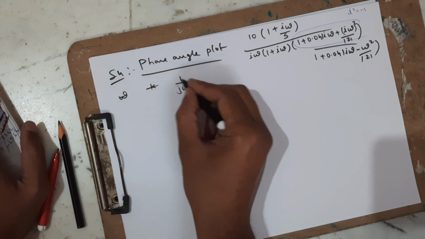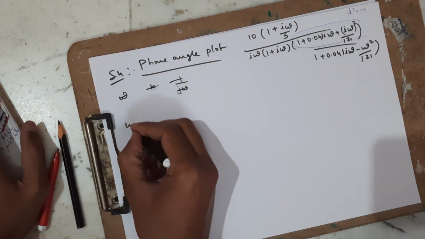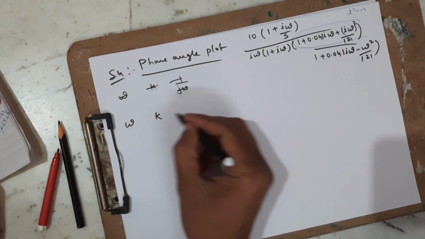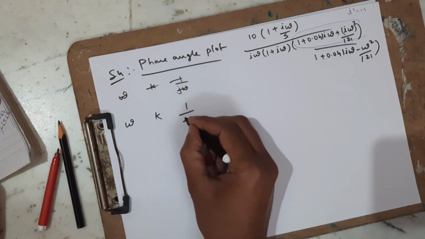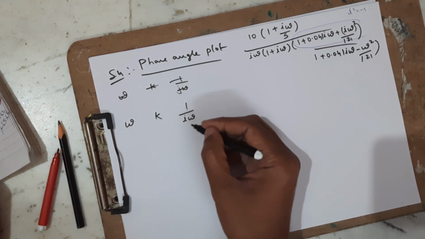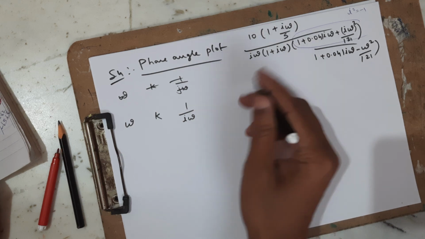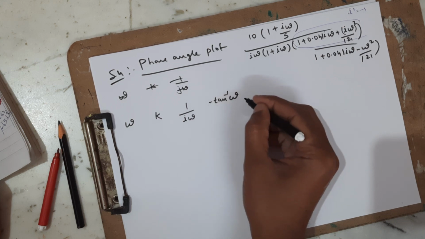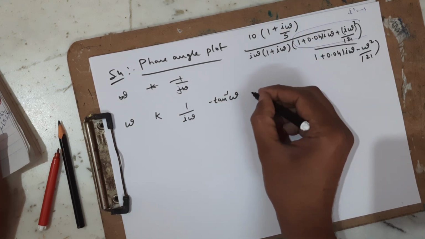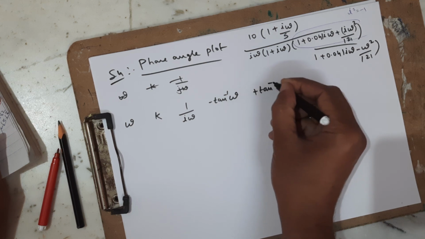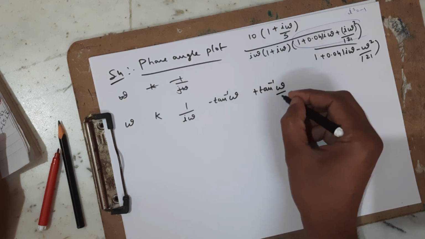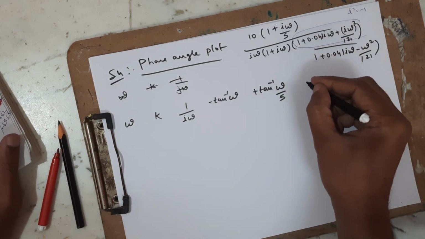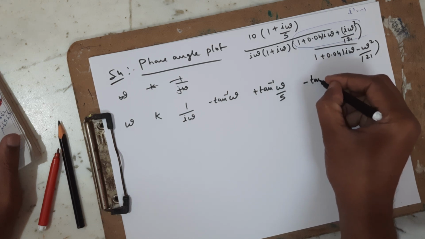Let me draw the table here. We are going to vary the value of omega. The first factor is k. The second is one simple pole, j omega. Next we have a simple pole, which can be written as minus tan inverse of omega. Next we have a simple zero, which can be written as plus tan inverse of omega by 5. Next this is a quadratic pole, so this will be minus tan inverse of y.